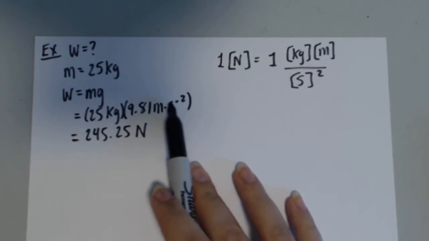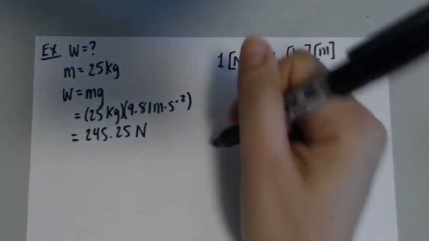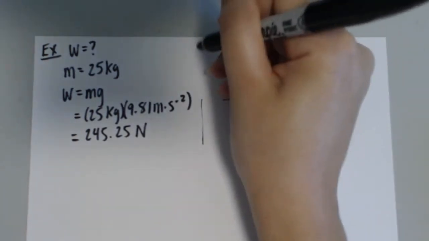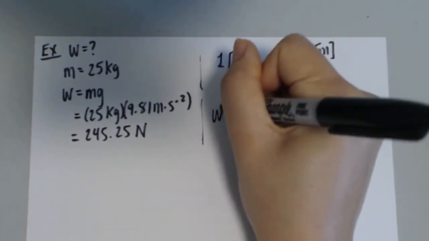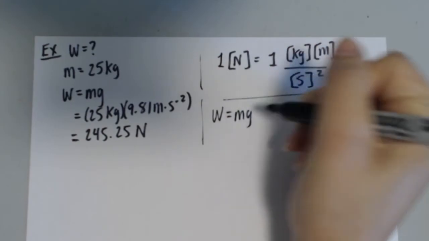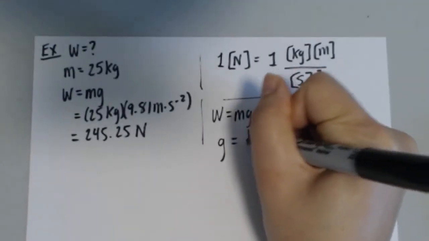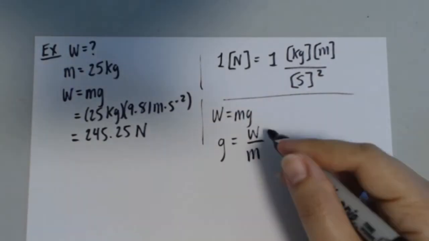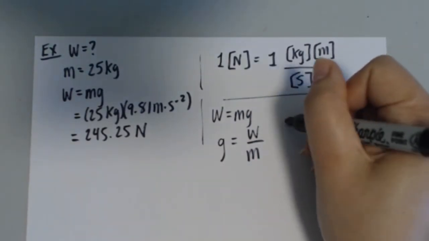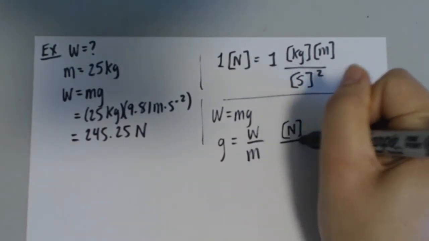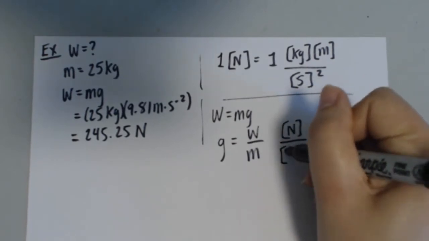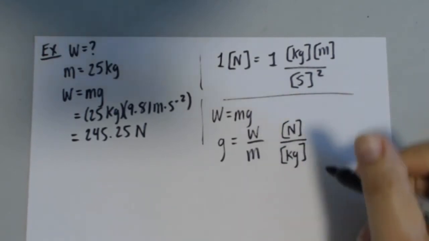Okay, something else I want to show you is that this value right here, the 9.81 meters per second squared, well, there's another way to write the units for that too. So this is a little bit on the side, both of these. Look at this formula for a moment. W is equal to mg. So if you were to rearrange that for g, you would get W divided by m. But what are the units for W? It's newtons. And what are the units for mass? It's kilograms. So newtons per kilogram.